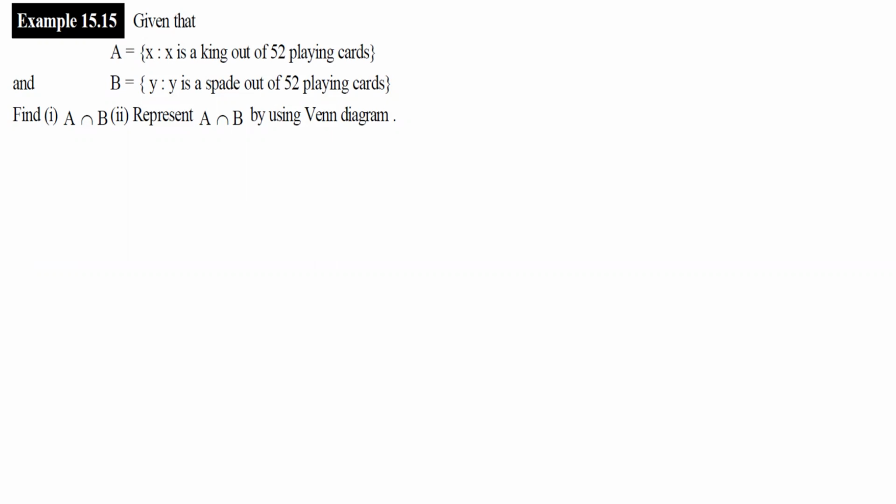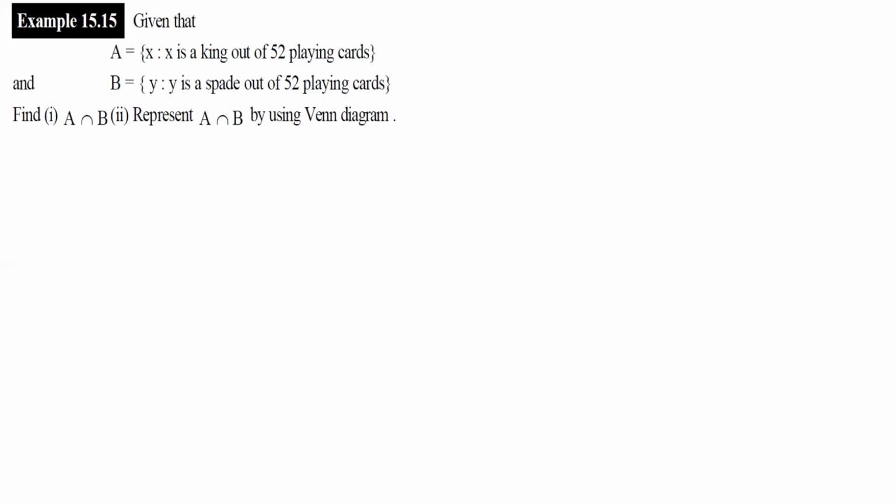For spades, we have 3 face cards, the jack, queen, and king, and we have the ace and then 2 to 10. So in every suit, for spades, there are 13 cards.